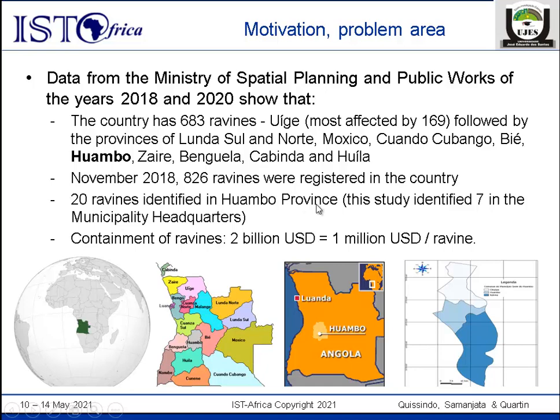In the case of Huambo municipality headquarters, this study will show you 7 ravines identified in this area.